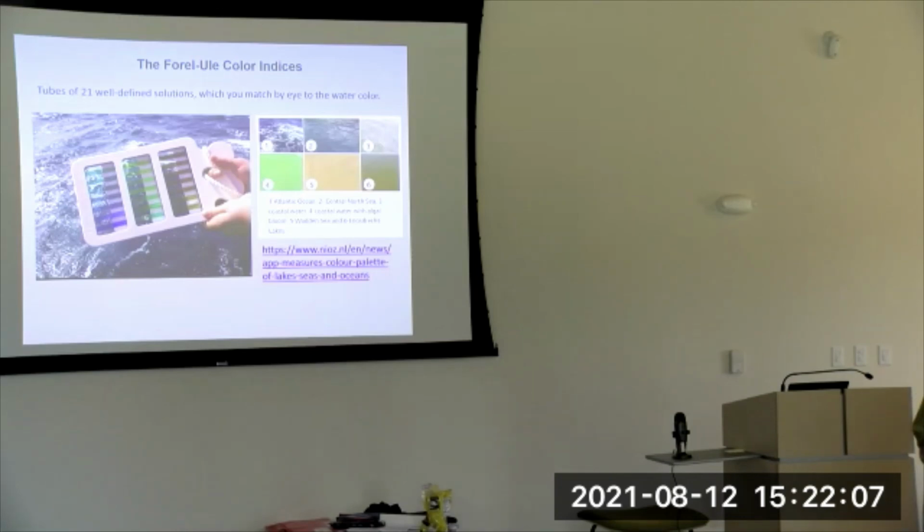And what's nice about both the Secchi depth and the Forel-Ulla index, especially with the Forel-Ulla, is that we have data going back to the early 1800s, because like whaling captains and stuff, they would have something like this, and you know, you're out for 3 years looking for whales, you might as well do something useful.